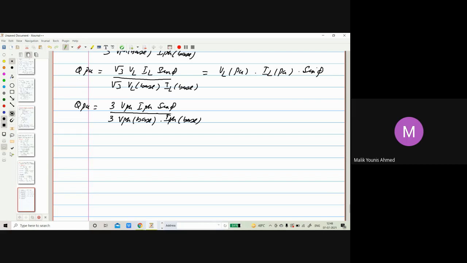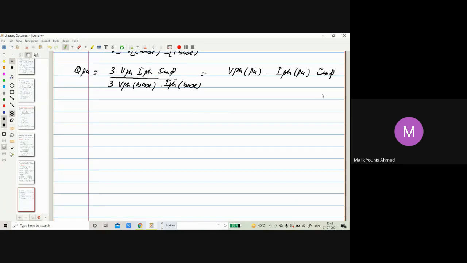There will be no sine phi in this case because it's an apparent power. So if we cancel this, V phase divided by V phase base will be V phase in per unit multiplied by I phase in per unit, and then sine phi will be there from the numerator.